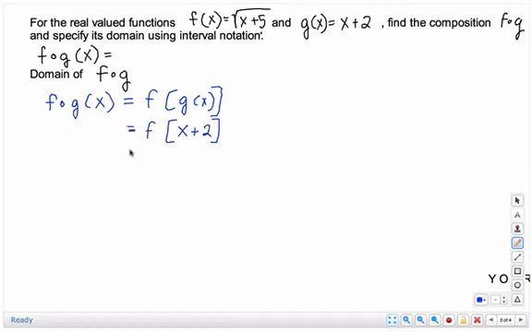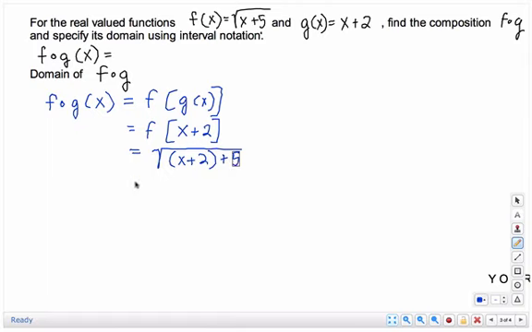Now I'm going to replace my f function, right? I'm going to basically take my f function here, and instead of x, I'm going to put x plus 2. Everywhere I have an x, I'm going to put an x plus 2. So this is going to be the square root of, instead of x, I put x plus 2, plus 5.